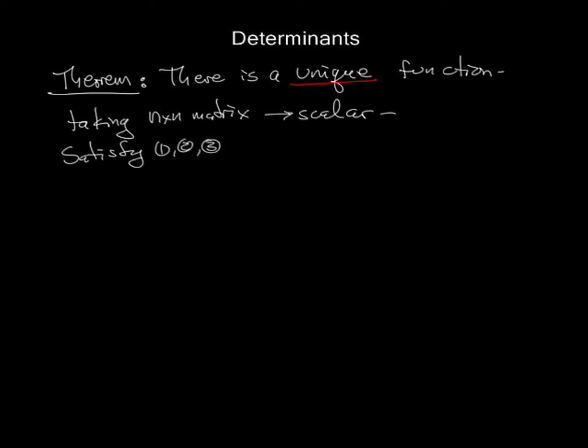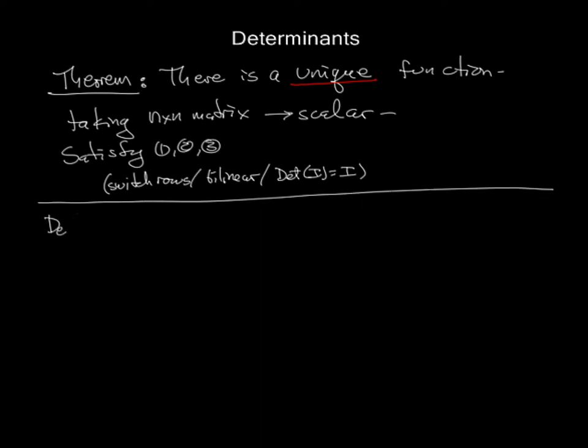So the determinant is completely characterized by these properties. And these properties, I'll remind you, are what happens when you switch rows, that it's linear in the rows, and the normalization that the determinant of the identity is 1. There's only one function which satisfies these properties. And that's a very powerful tool, and you'll see in a minute how we can use that.